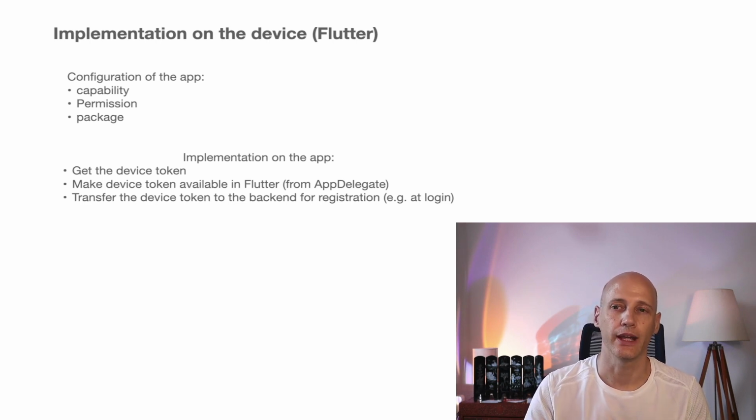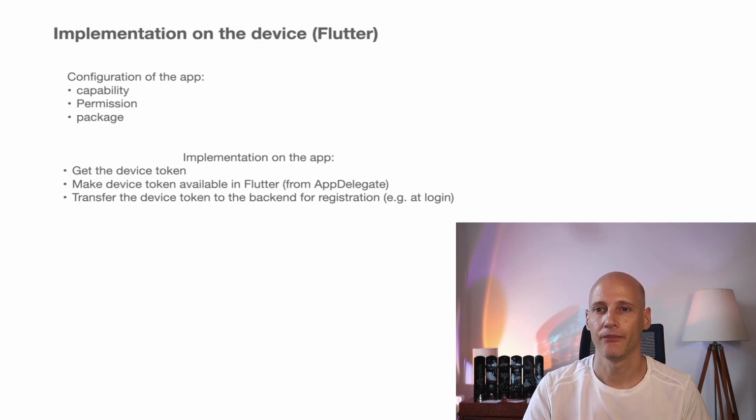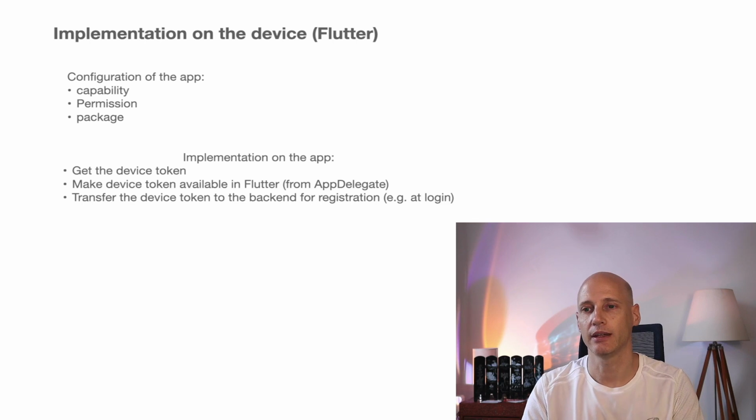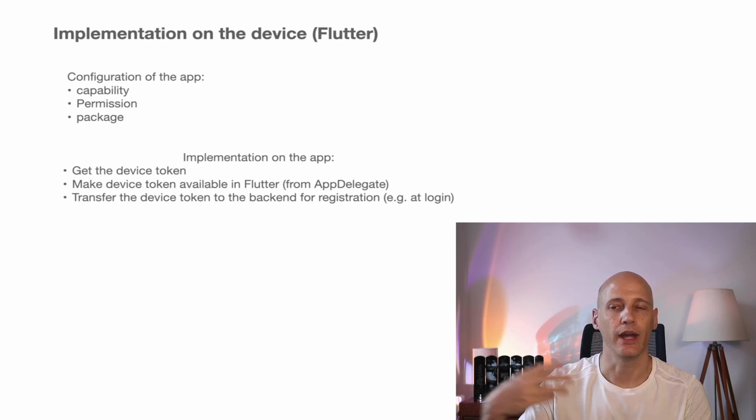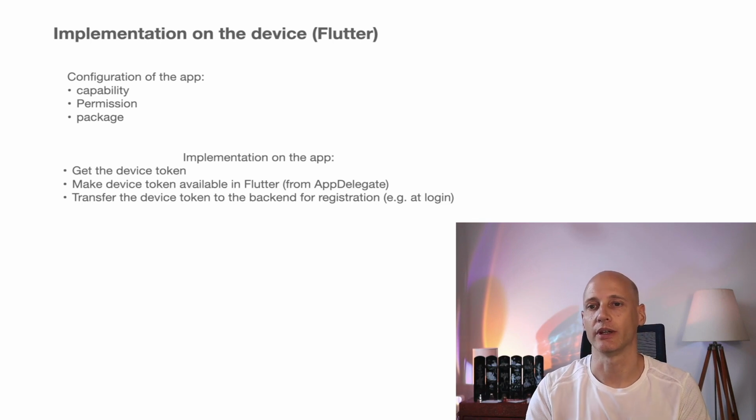Then on the implementation side, first one was configuration, now implementation. We need to make sure the application takes a device token and sends that device token to the cloud, where we then in the backend process it accordingly.